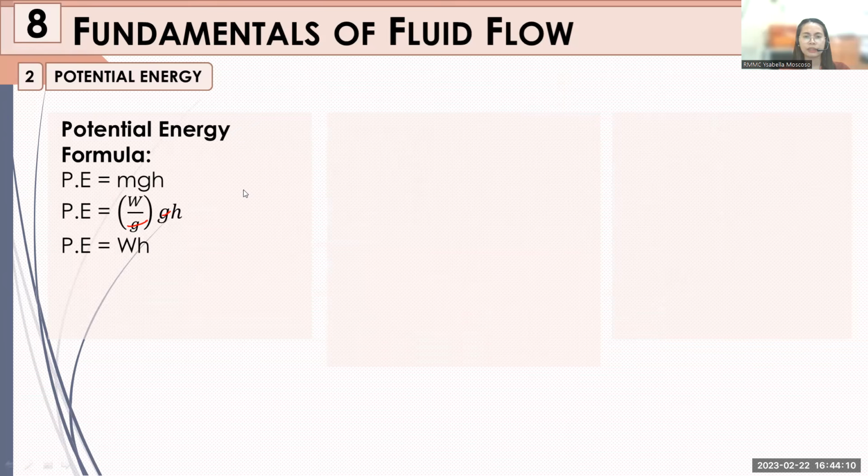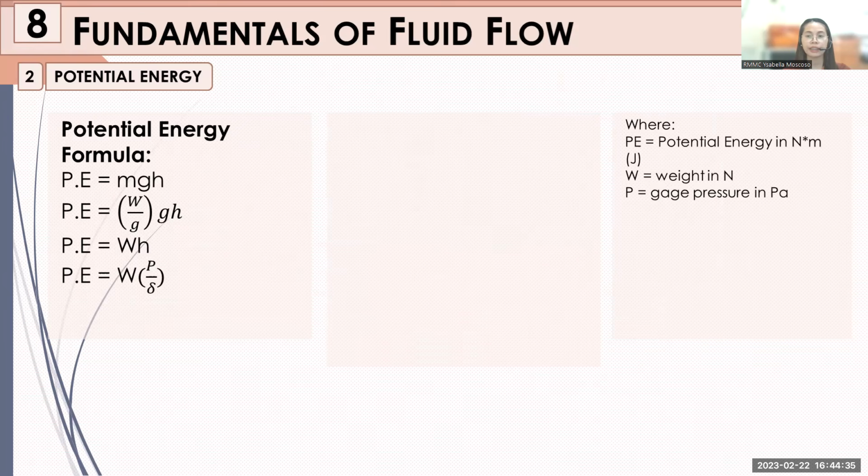Since pressure head na yung hinahanap natin dito, we all know from your hydrostatic force that pressure is equals to gamma of H. When we derive the pressure formula in terms of height, we all know that height is equals to pressure over the gamma. And that is why you have this equation for your potential energy.